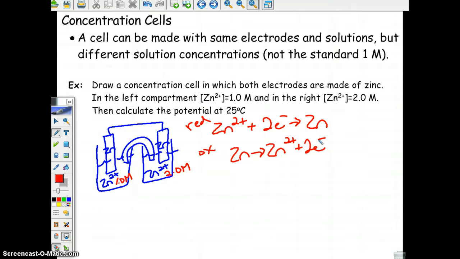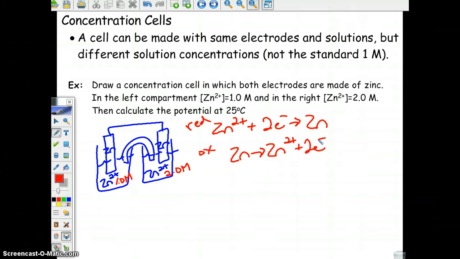Which one causes us to make more ions? The reduction or the oxidation? The oxidation actually makes more ions. The side with the oxidation is going to be the side that increases in molarity, where the side with the reduction, because the ions are becoming pure zinc, is the one that reduces in molarity.